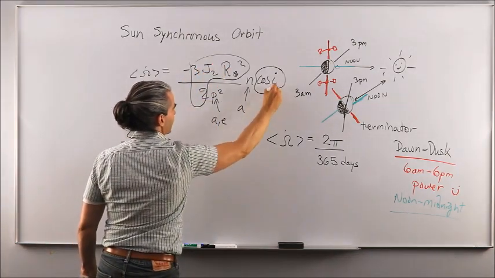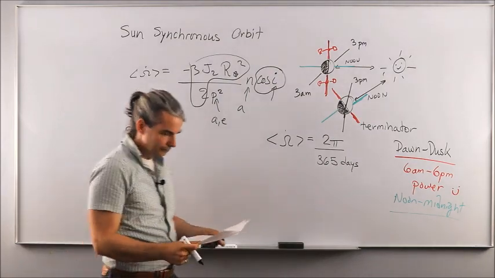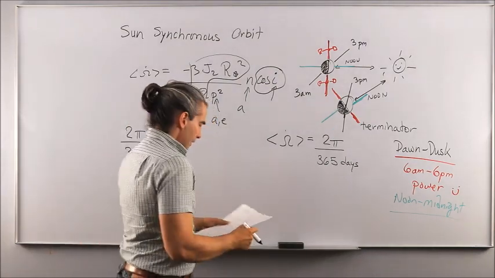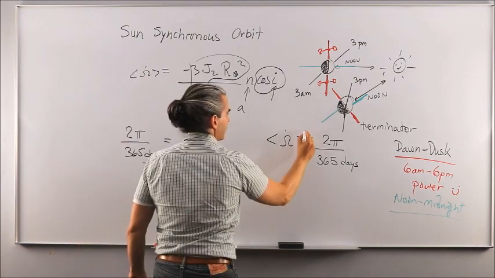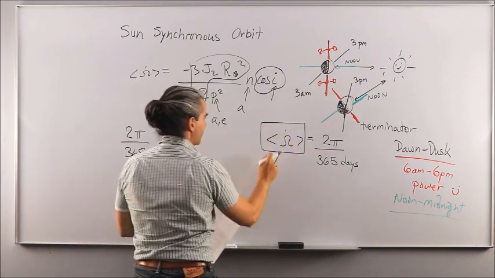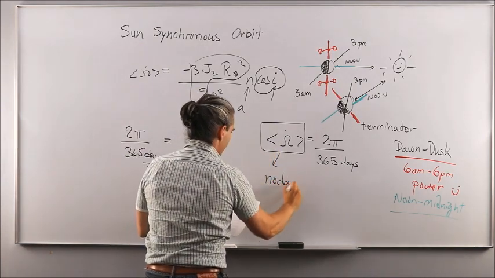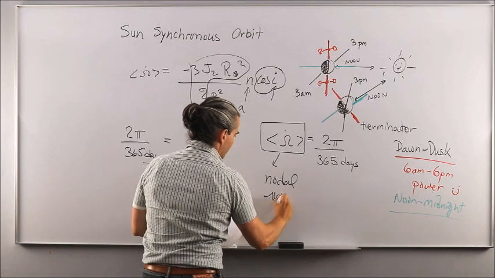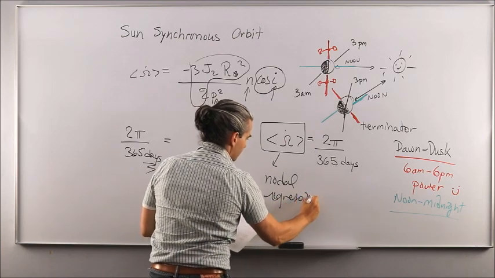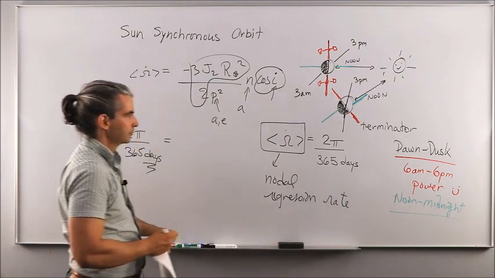You could solve that equation for I, the inclination, that would give you this, okay? By the way, this here, the average rate of change in radians, is also known as the nodal regression rate, just so you know.